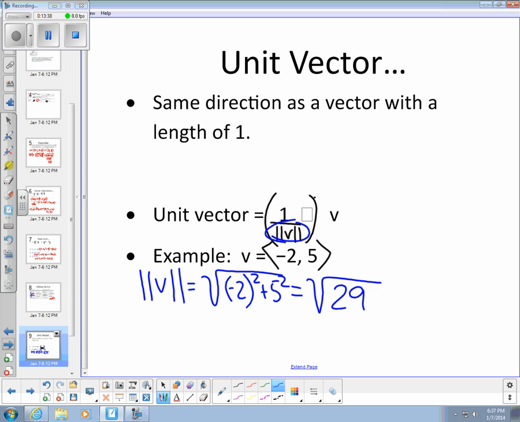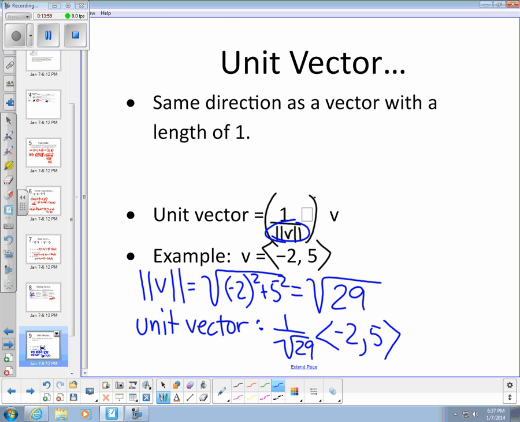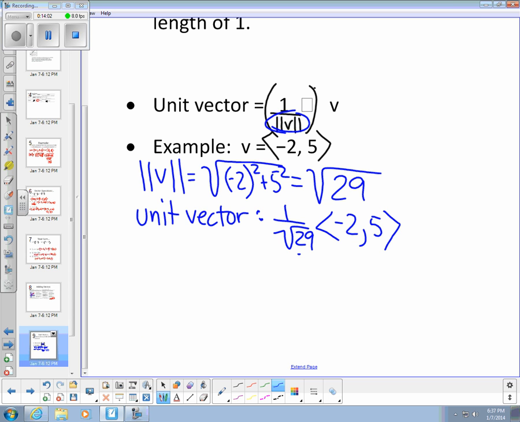Okay, so to find my unit vector, I'm going to say my scalar is 1 over the square root of 29, 1 divided by the magnitude. This is how I get the length to be from whatever it is to a smaller length of 1. I'm going to multiply that times the coordinates. Okay, so when I distribute that, I end up with -2 over the square root of 29 and 5 over the square root of 29.